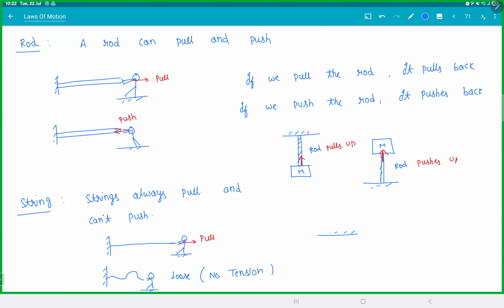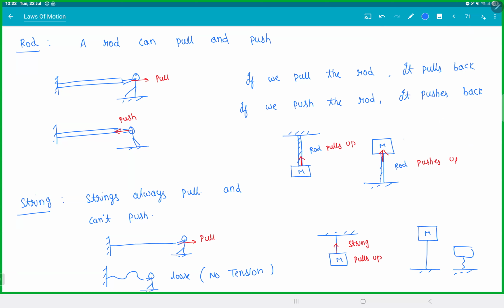So if you take a block and put a mass M, the string pulls you up. But if I try to do the reverse, the moment you do this, the block will just collapse.